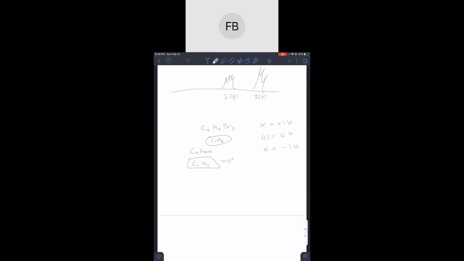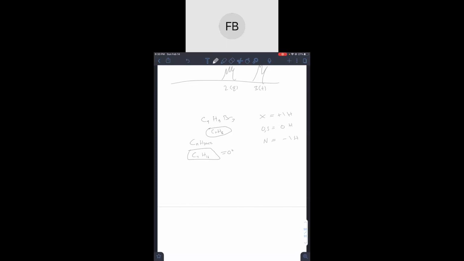So 8 hydrogens divided by 2 is 4. So there's 4 degrees of unsaturation. Are you guys following? You take 16 minus 8 equals 8. 8 divided by 2 equals 4. So 4 degrees of unsaturation.